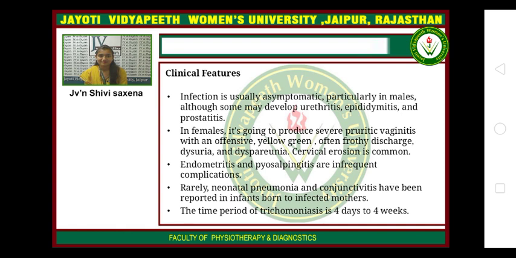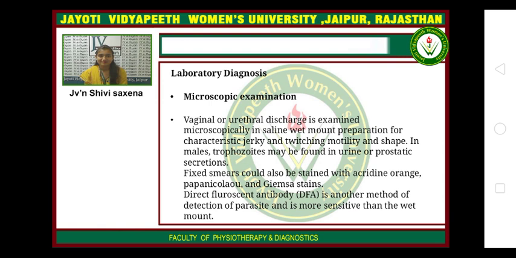Laboratory diagnosis. Microscopic examination. First, vaginal or urethral discharge is examined microscopically in a saline wet mount preparation for characteristic twitching motility and shape.